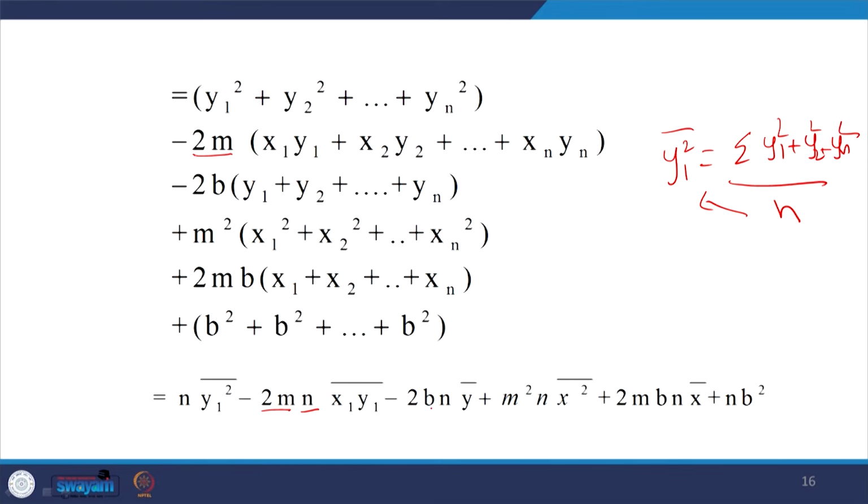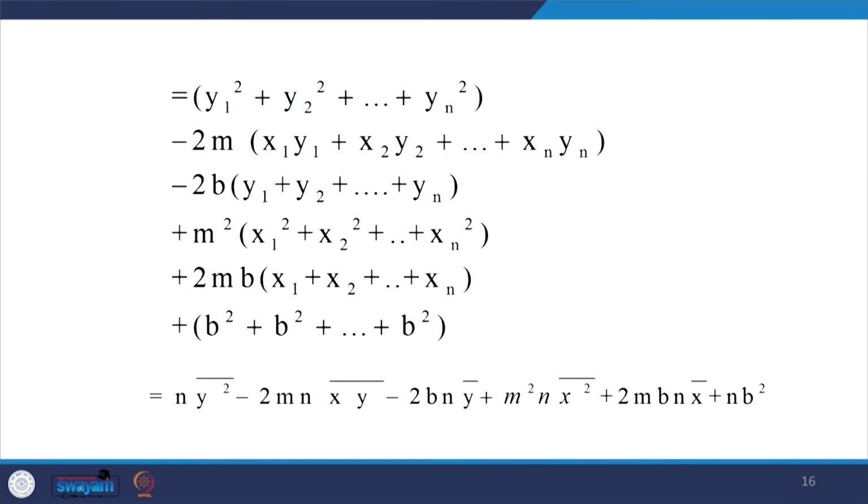Here, minus 2b. What I have done is grouped the square terms. The first term is y1 square plus y2 square plus and so on plus yn square. This I am going to write in terms of its average value.